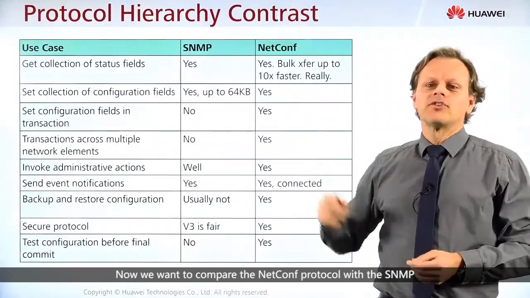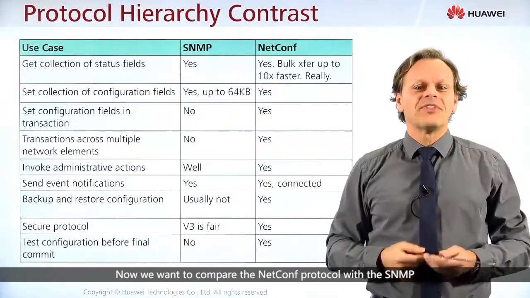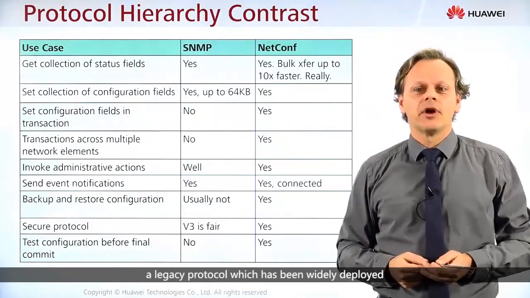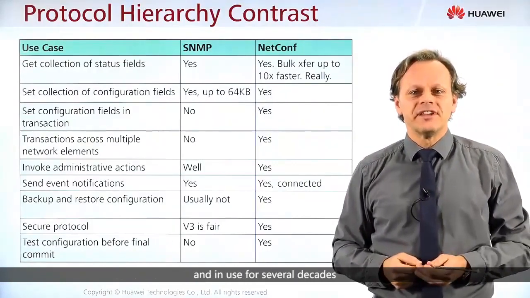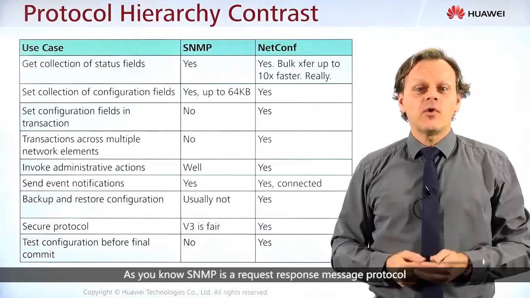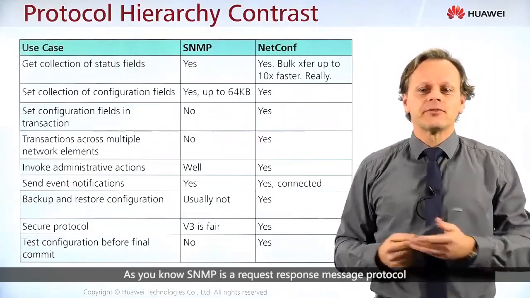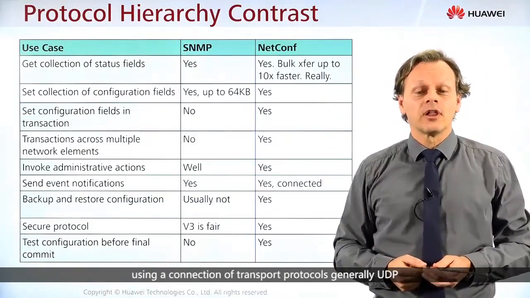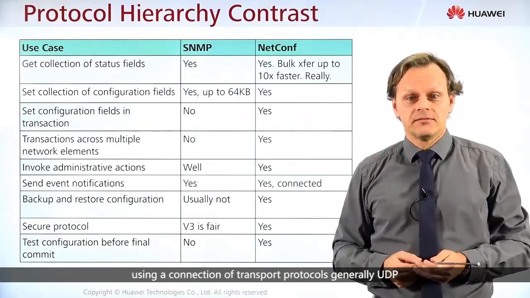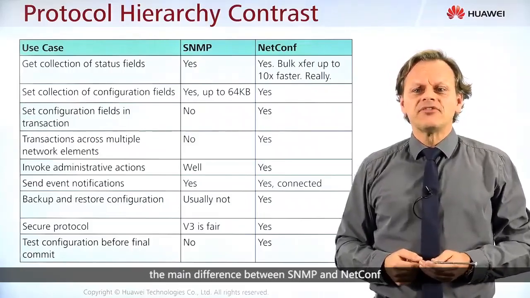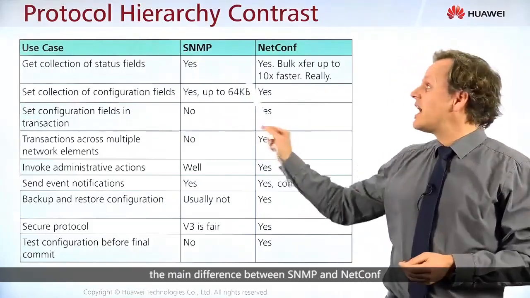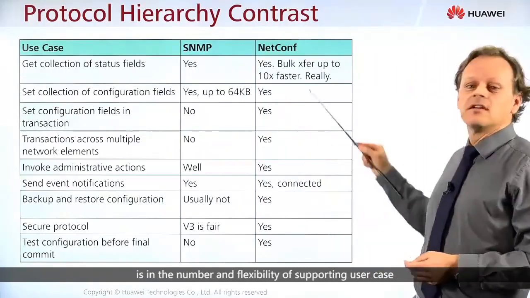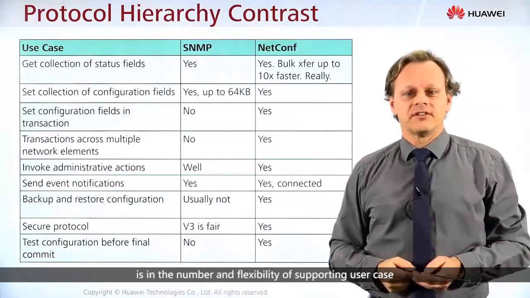Now we want to compare the Netconf protocol with SNMP, a legacy protocol which has been widely deployed and in use for several decades. As you know, SNMP is a request-response message protocol using a connectionless transport protocol, generally UDP. The main difference between SNMP and Netconf is in the number and flexibility of supported use cases.